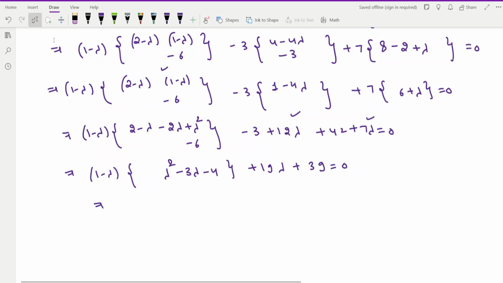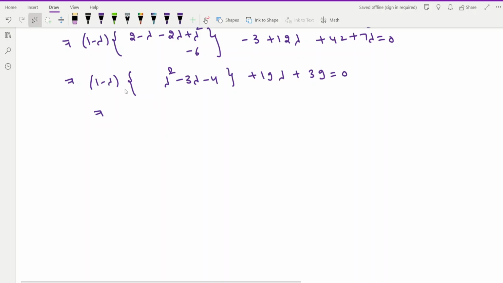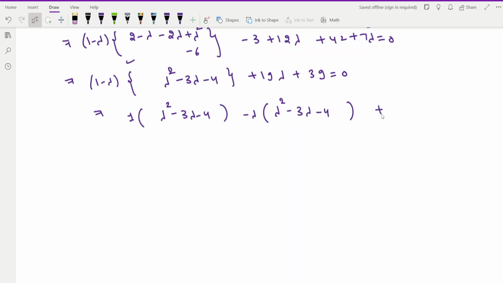Now we will simplify this term again. It will give us 1 into [lambda square minus 3 lambda minus 4], and minus lambda times [lambda square minus 3 lambda minus 4], and plus 19 lambda, plus 39, equal to 0.